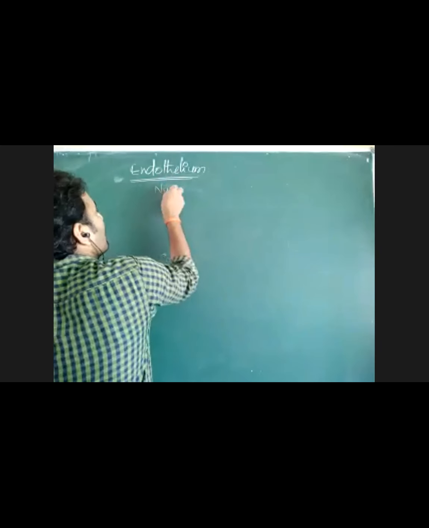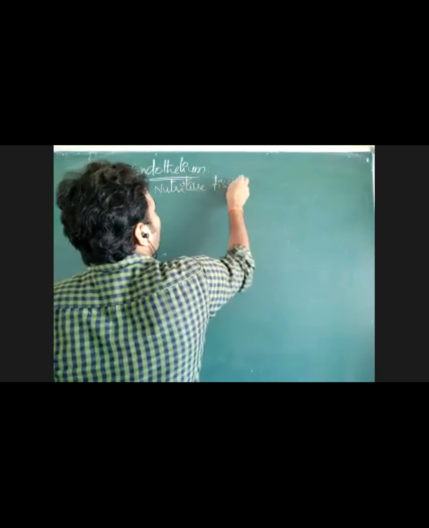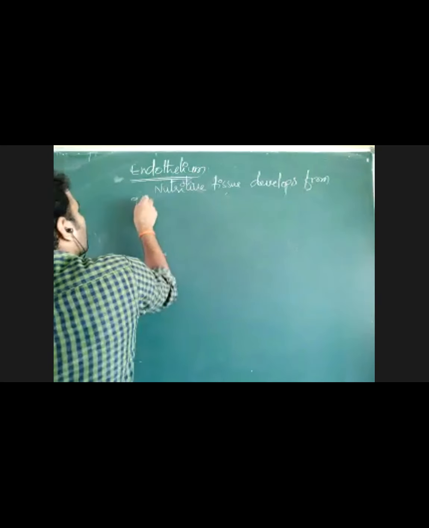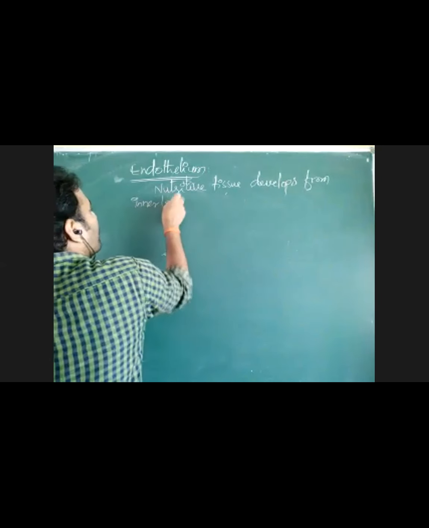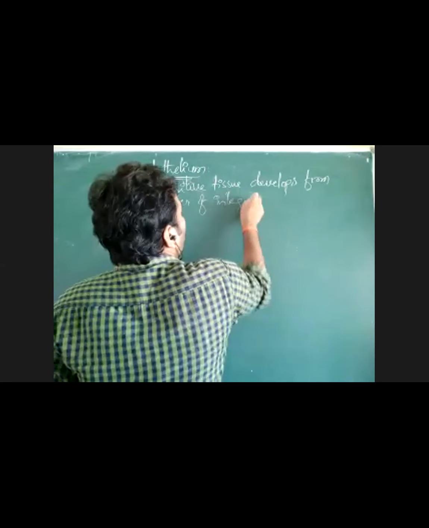This is a nutritive layer or nutritive tissue that differentiates from the inner layer of integument. From the inner layer of integument, there is development of a nutritive layer that is called endothelium.